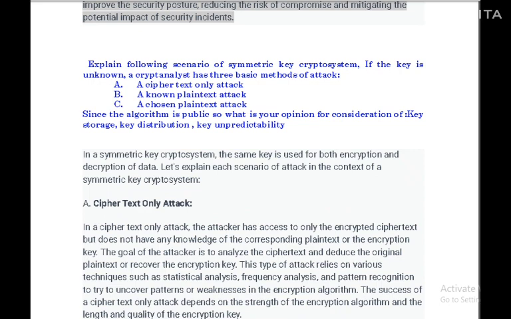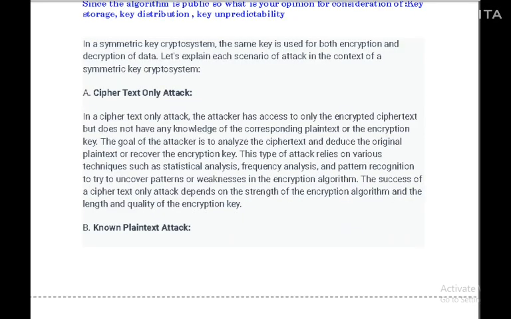In this question, we have to explain the three methods used by cryptanalysts to attack a cryptographic system. So the first type of attack is ciphertext only.